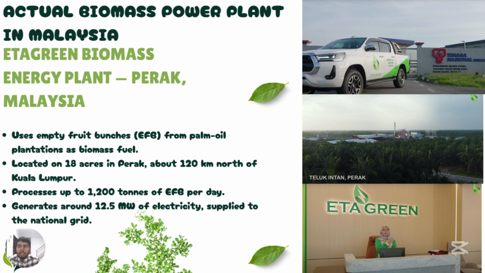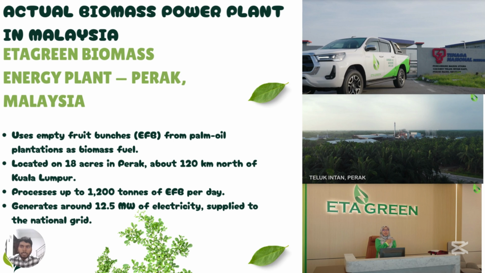Inside the plant, the EFB is processed, dried, and fed into a biomass boiler. The boiler produces steam which drives a turbine and generates about 12.5 megawatts of electricity. This electricity is exported to the national grid, contributing to Malaysia's renewable energy targets and reducing our dependence on fossil fuels.